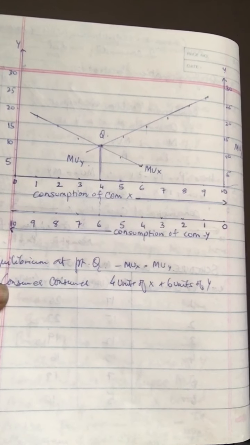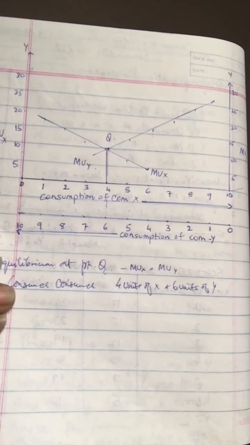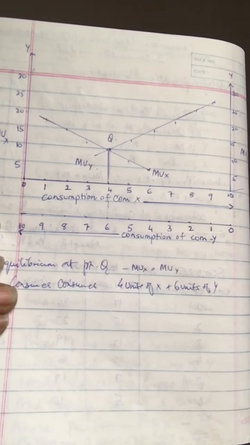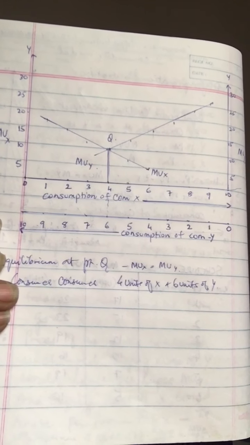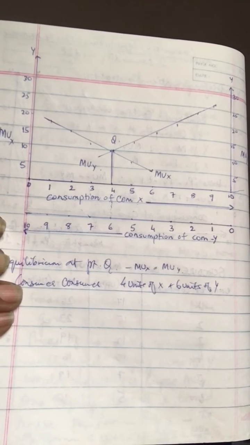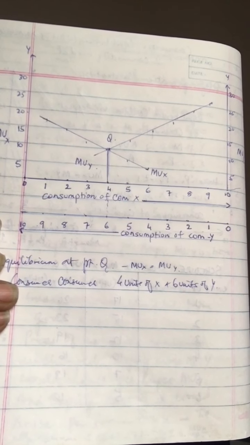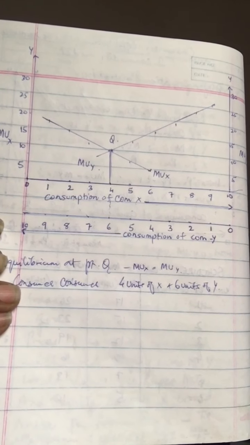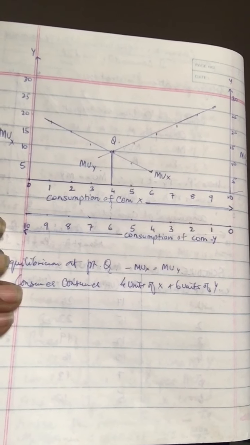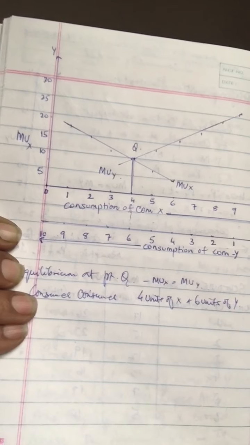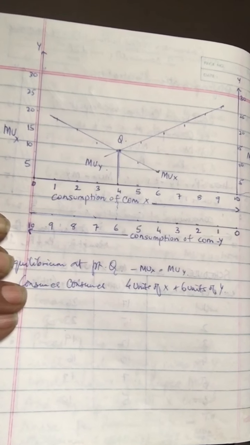We see that the consumer strikes his equilibrium when he is in a state of equi-marginal utility. This occurs when the last rupee spent by him yields equal marginal utility whether he spends on good X or on good Y. This is known as the law of equi-marginal utility.